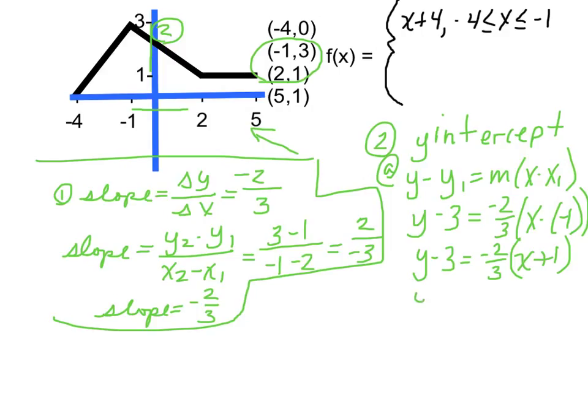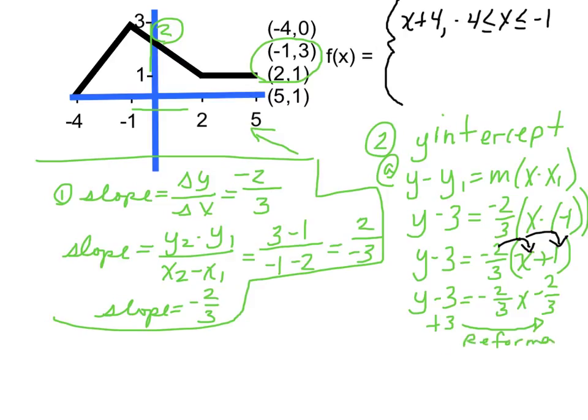And now I'm going to need to distribute this negative 2/3 into the equation. So I'm going to distribute the negative 2/3 into the x and into the 1. I'm going to get a negative 2/3 x minus 2/3. Now I need to move 3 over to the other side. To do this, I'm going to convert the 3 because what I really want is a common denominator.